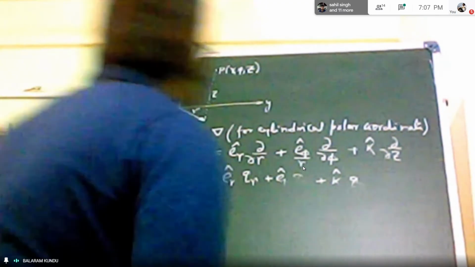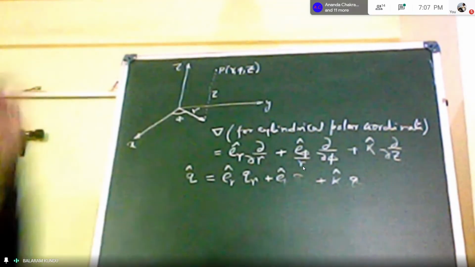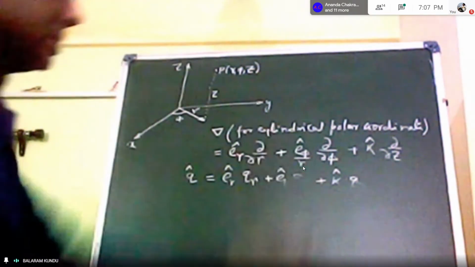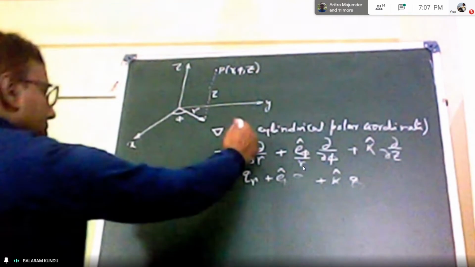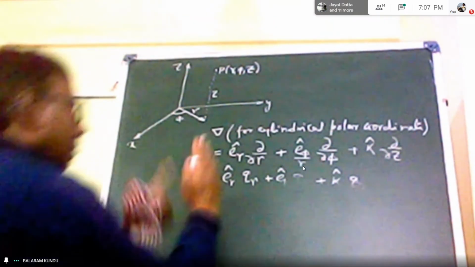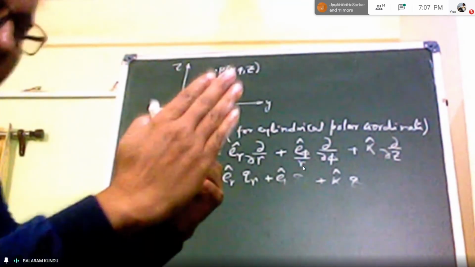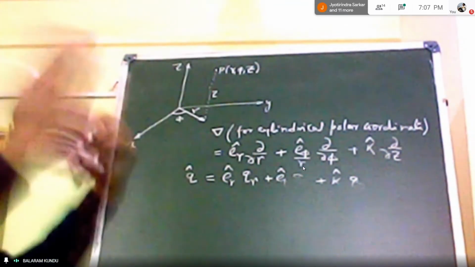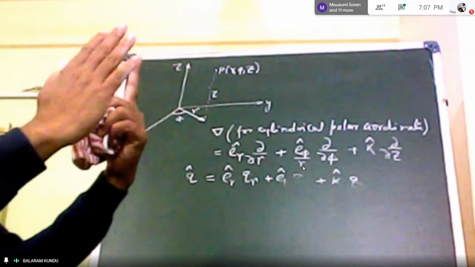So if you want to determine the temperature distribution in the cylindrical coordinate system, obviously we have to write the heat conduction equation in cylindrical coordinates. So grad dot q, we have to make the dot product, and it is not so easy to expand. Why? Because unit vectors are there.